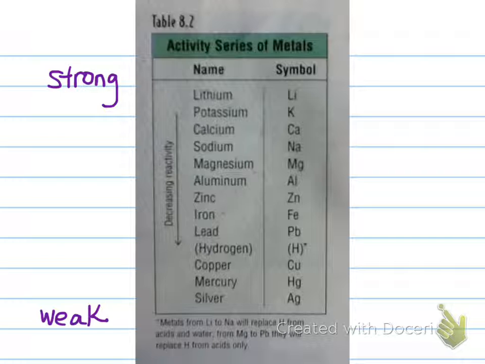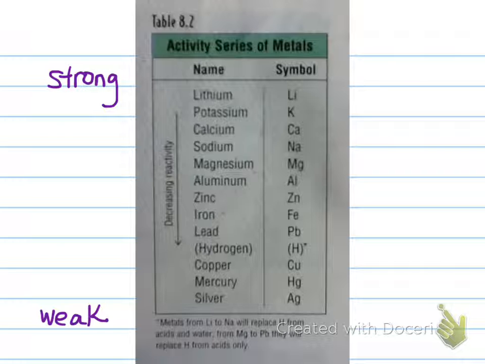Okay, so stronger at the top, weaker at the bottom, and we have this little caveat at the bottom that the metals from lithium to sodium will replace hydrogen from acids and water, and from magnesium to lead they will replace hydrogen from acid only. Okay, so this is our activity series of metals.